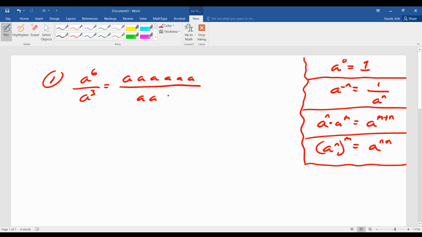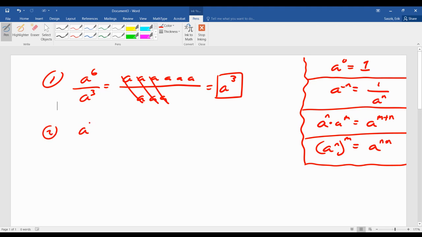And on the bottom, we have a 3 times, so we end up with 3 in the top, so that would be a to the 3rd. Now, I hope you guys realize we can bypass this middle step, right? What you have to do is just ask yourself, where do you have more a's? On the top by 3. Boom. There it is.